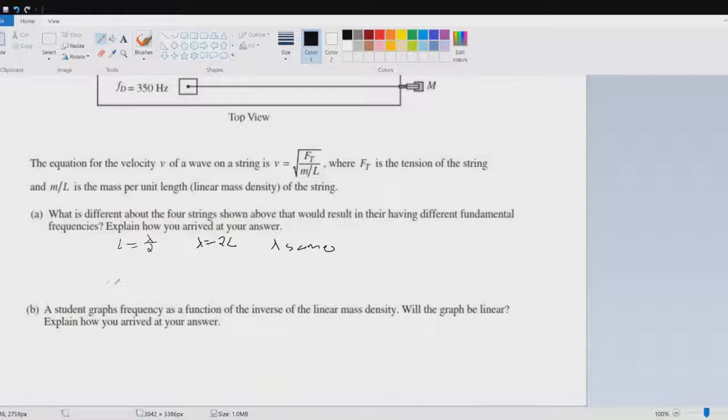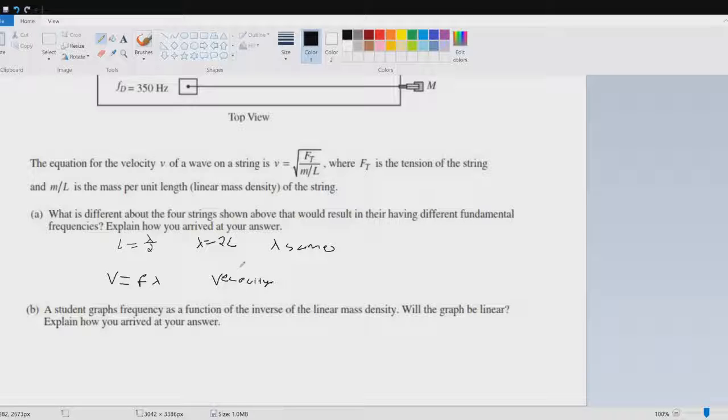And so when we use the equation v equals frequency times wavelength, and wavelength is a constant, the only other variable that could affect the fundamental frequency is the velocity. So we would say velocity is the answer for this question.